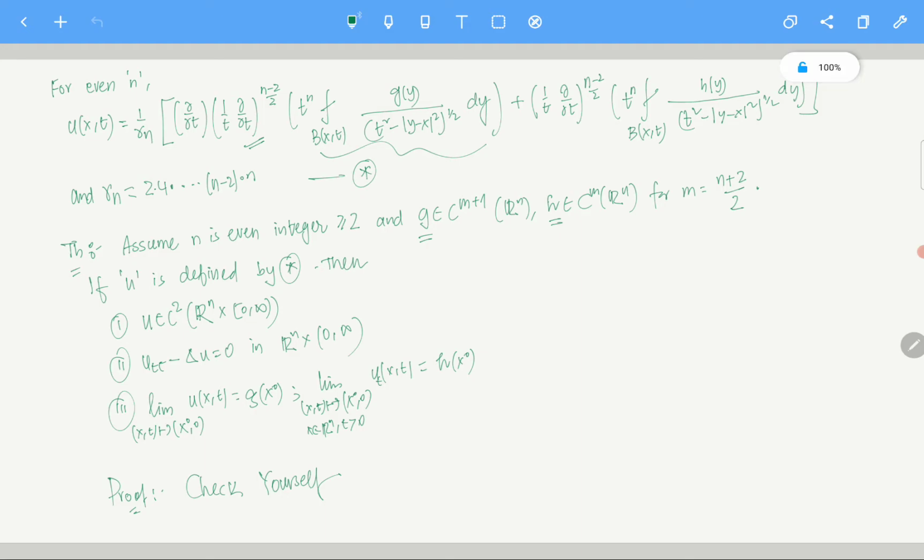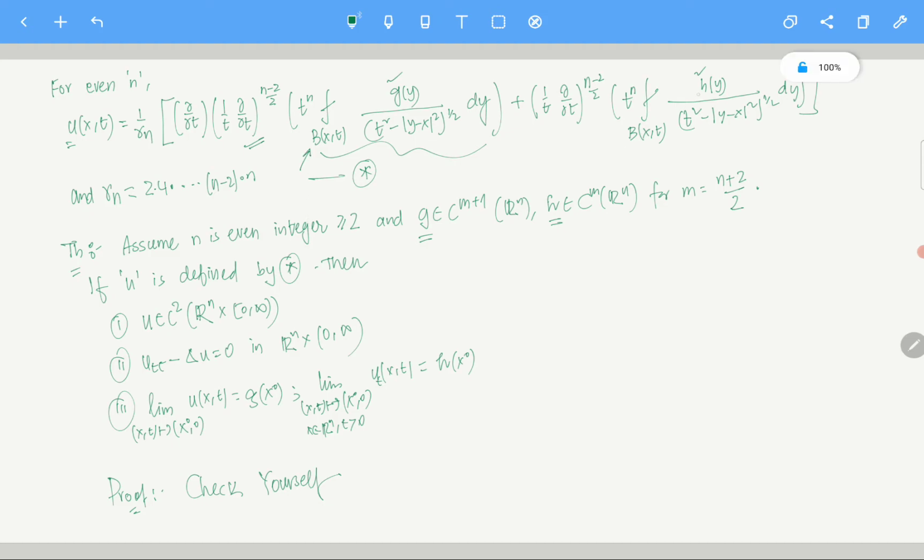You see the solution u depends of course on g and h. Clear? As in D'Alembert, we have seen the solution depends on g and h. But in even dimension, you have to know what g does in the whole ball B(x, t).